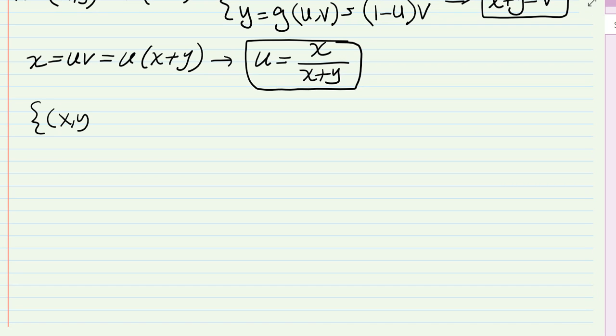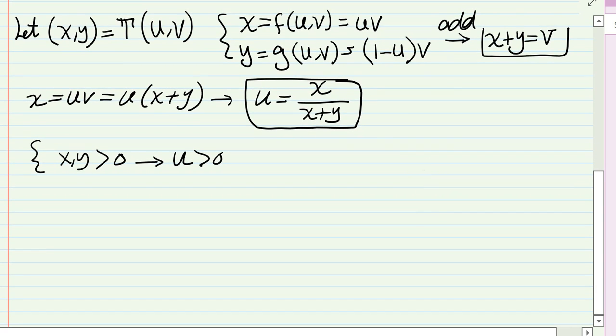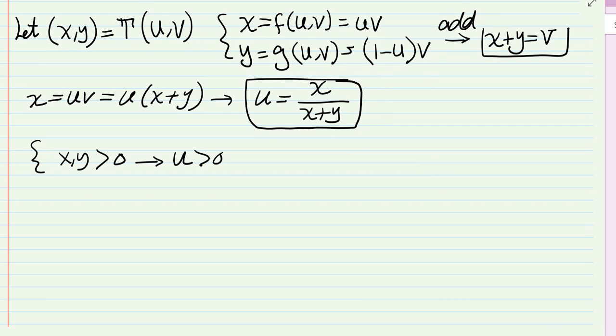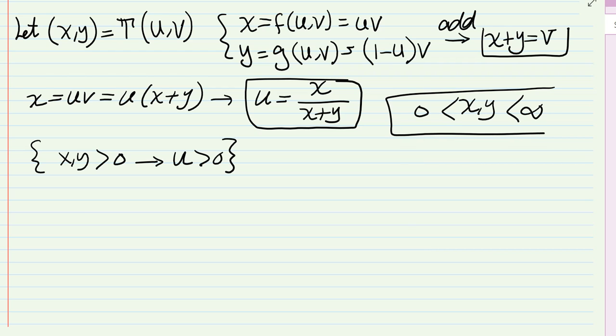The fact that x and y are positive means u has to be positive, right? If x and y are positive, u has to be positive. Now, that establishes a lower bound for u. Now, in order to take a look at this as x and y, because remember, x, y greater than 0 means they lie between 0 and infinity, we're working on this part of it now.